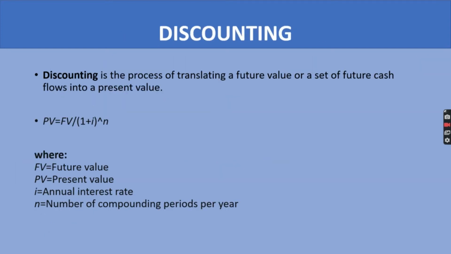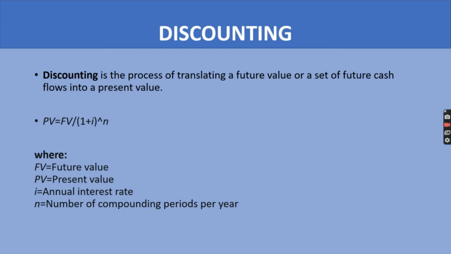Simple. Now moving on to discounting. Discounting is a process of translating a future value or a set of future cash flows into present value. The formula is simple. Present value is equal to future value divided by 1 plus i raised to the power n. So let's say you want a certain sum of money after, let's say, 10 years for your children's education.